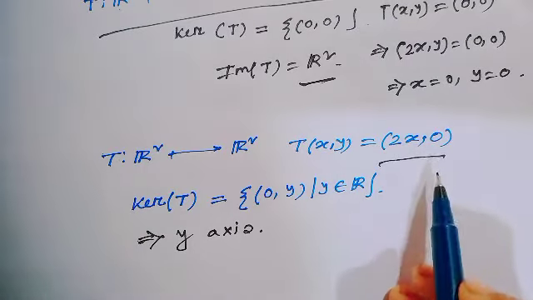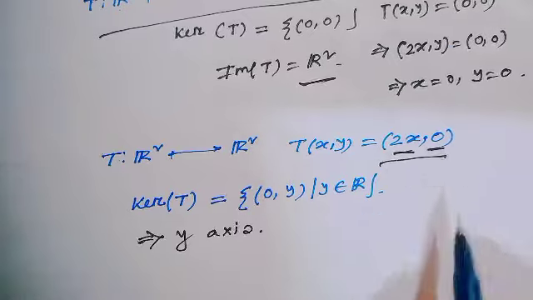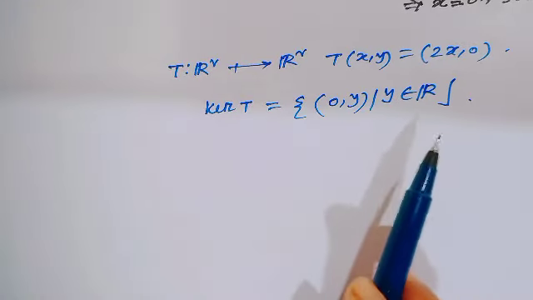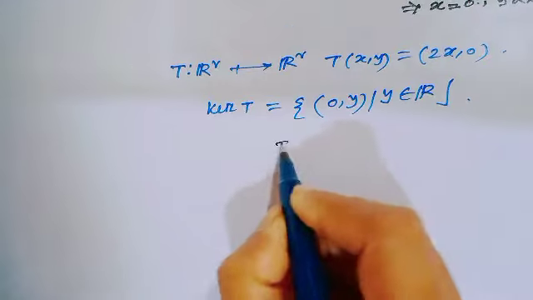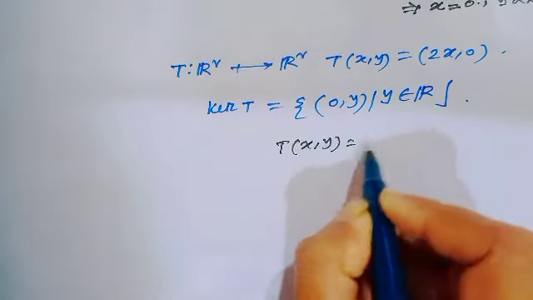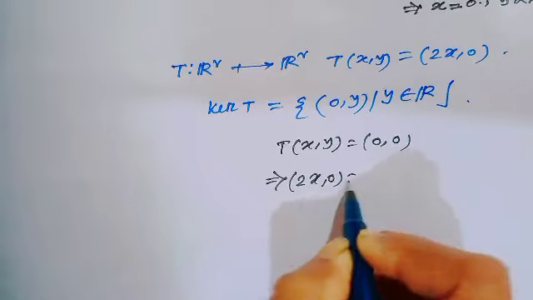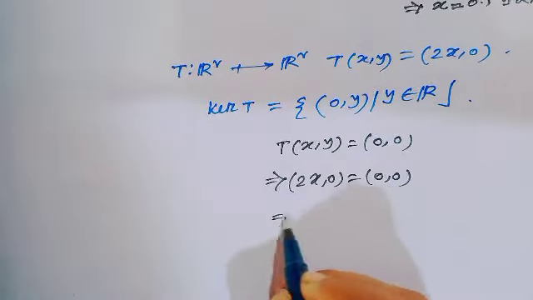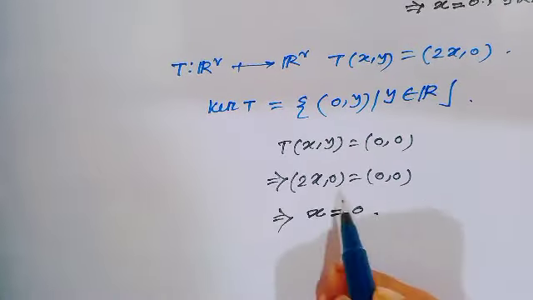Obviously, similar to before, this is a linear transformation because all components are linear. And kernel T equals, notice, T of (x,y) equals (0,0). That means (2x, 0) equals (0,0), and from this expression obviously x equals 0.